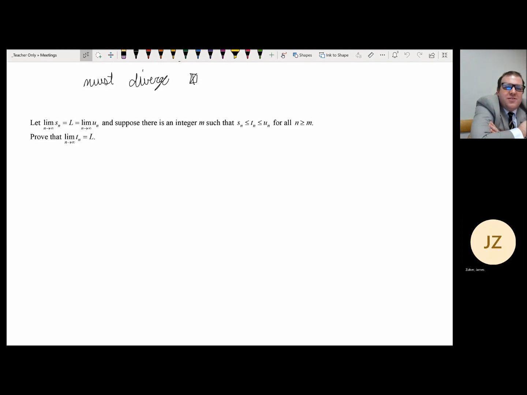We're going to prove that T sub n also converges to L. In other words, we're proving the squeeze theorem. Let epsilon greater than 0 be given.